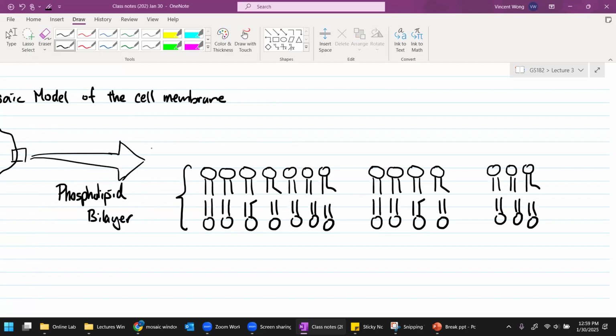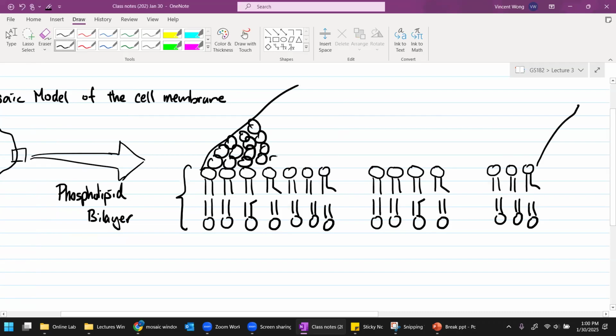Now, I want you to also understand that we are just looking at a cross section of the cell membrane. The actual cell membrane is like a sheet. Don't draw this, but take a look first. The whole thing is continuous, so it's going to be 3D, and then you would see more hydrophilic heads. Do you understand? Think of it like a mattress.